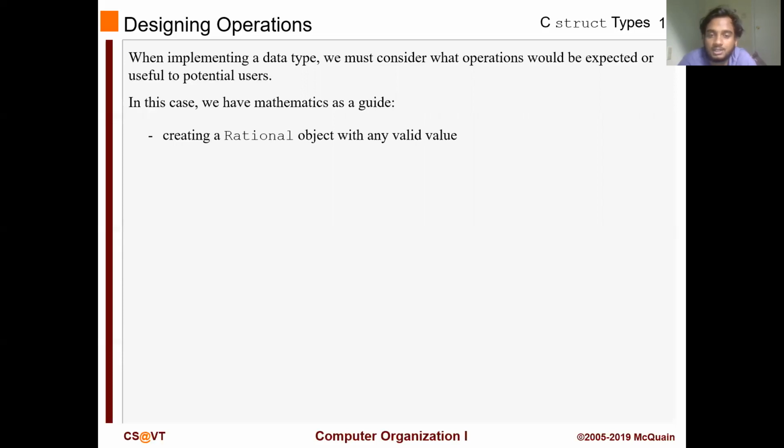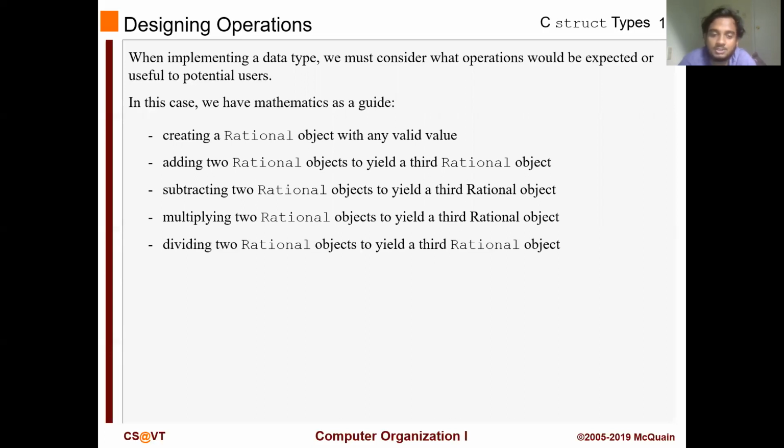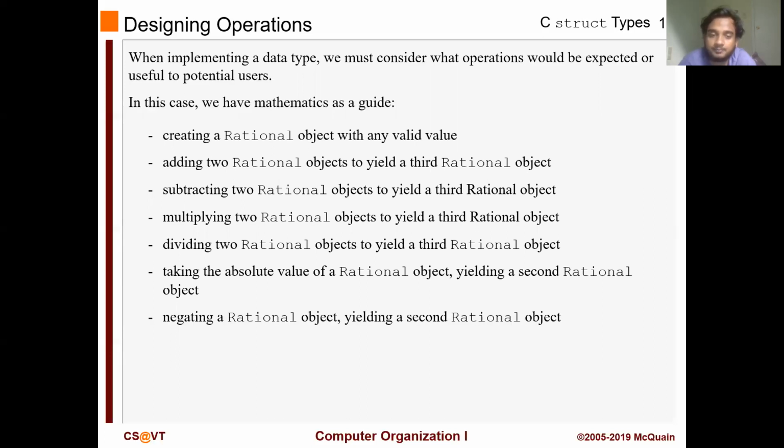So we will be creating a rational object with a valid value, adding two rational objects to yield a third rational object, subtracting two rational objects to yield a third rational object, multiplying two rational objects to yield a third rational object, dividing two rational objects to yield a third rational object, taking the absolute value of a rational object yielding a second rational object, negating a rational object yielding a second rational object, comparing two rational objects with equals, less than, etc. So these are the operations that are available for a rational object.